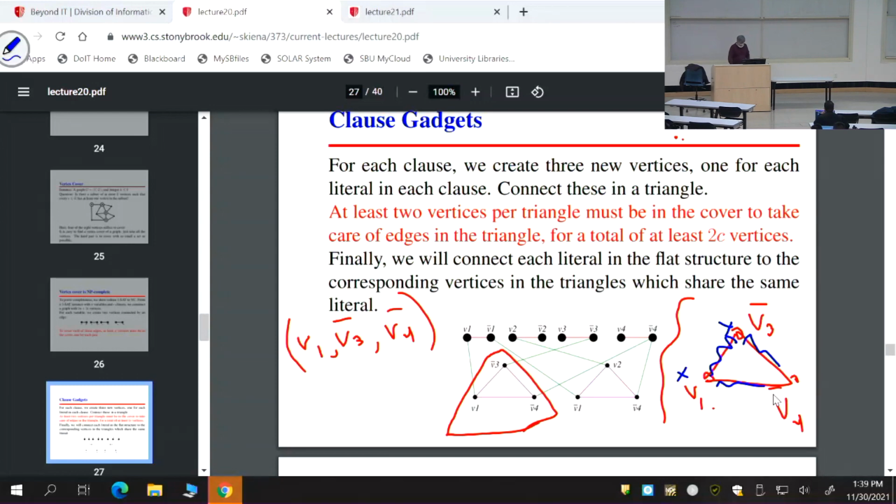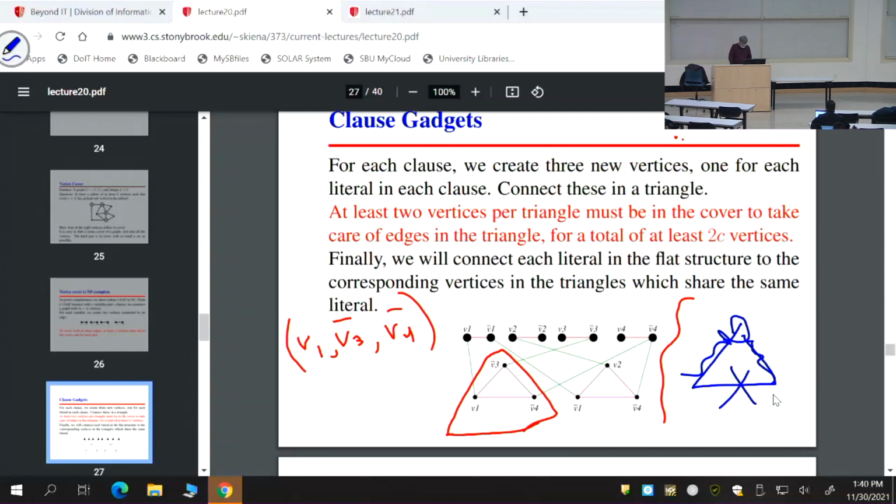Is there a way that I can cover the triangle in fewer than 2 vertices? There are 3 edges. Is there any way I can cover all the edges with fewer vertices? What do you mean? If I got 1, I got this edge, I got that edge, but what's the problem? I do not have that edge, right?